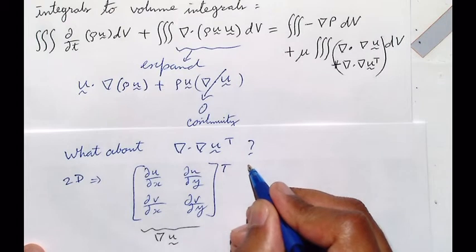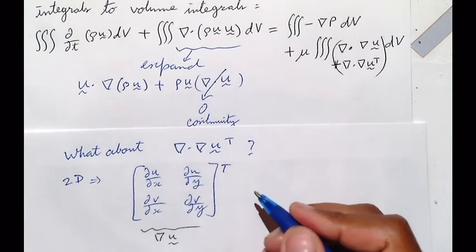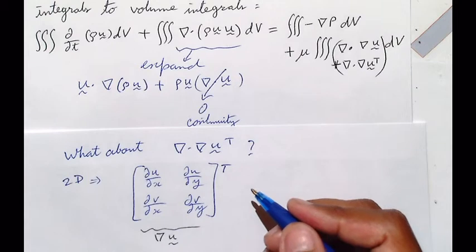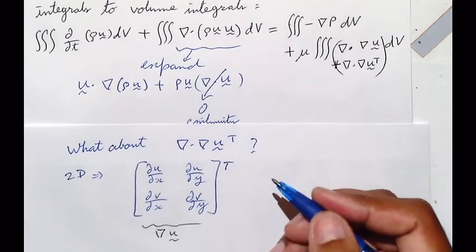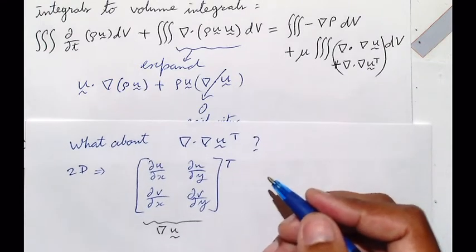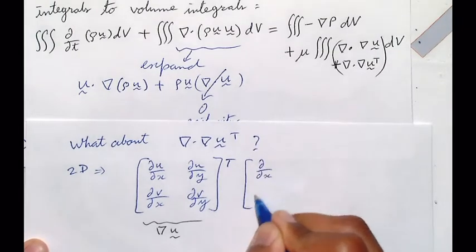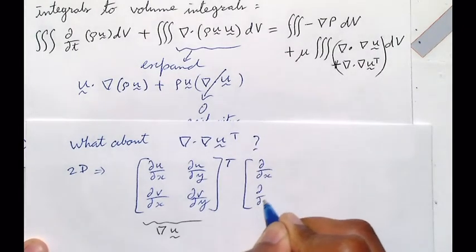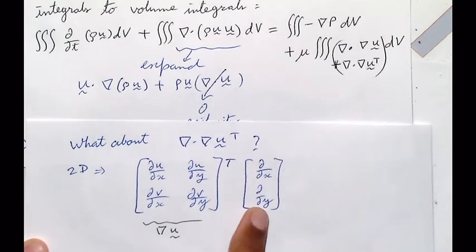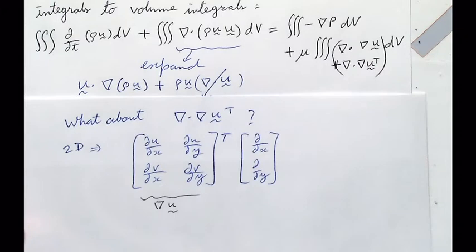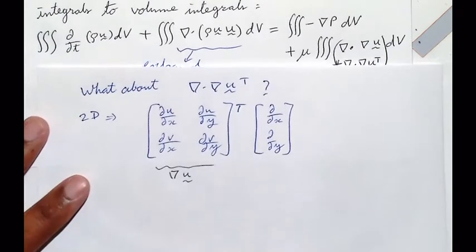Del by del x, del by del y. Yes. How do I arrange this? You're right. d by dx and d by dy, just multiply with the column vector. Yes, column vector. So we have d by dx and d by dy. So this is the nabla dot term, nabla u transpose is over here. Okay, so let's see, what does this mean?